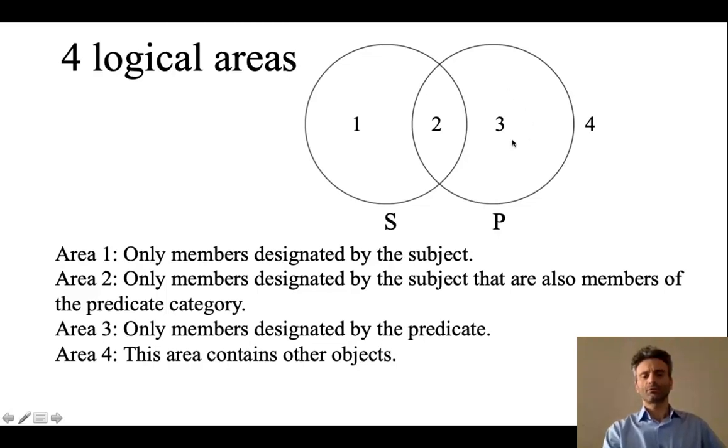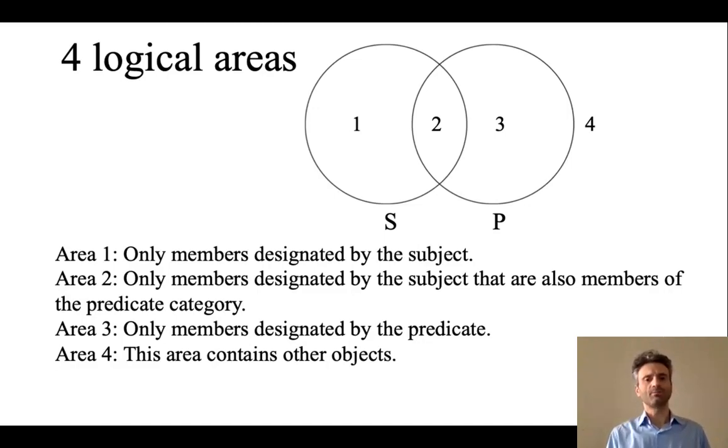What about area 3? What's inside area 3? Who or what lives in area 3? In area 3, you are going to find only things that are beautiful. Beautiful puppies, beautiful apples, beautiful cars, beautiful anything that is beautiful but is not a blonde person.